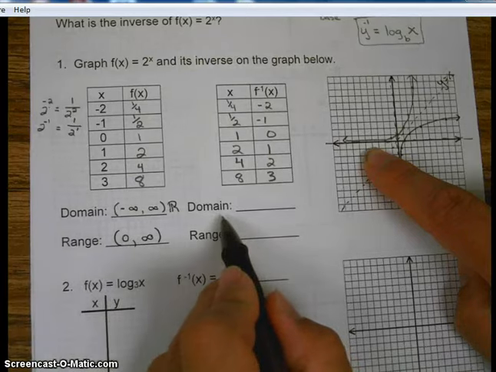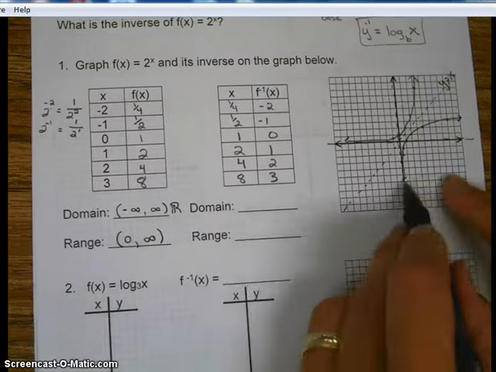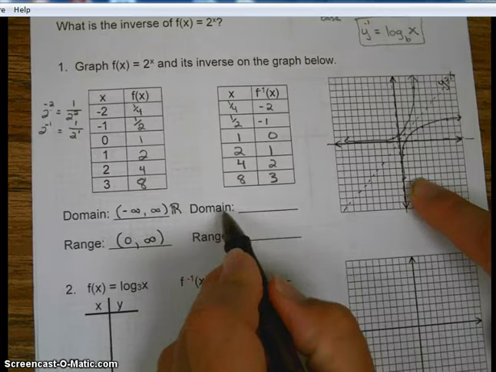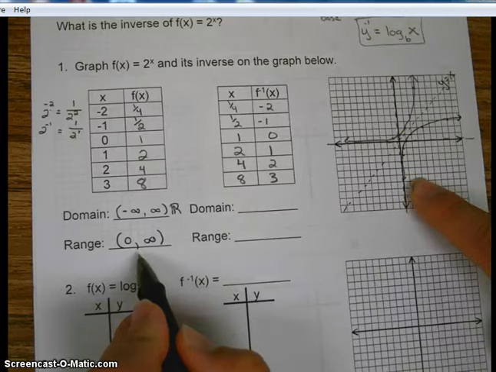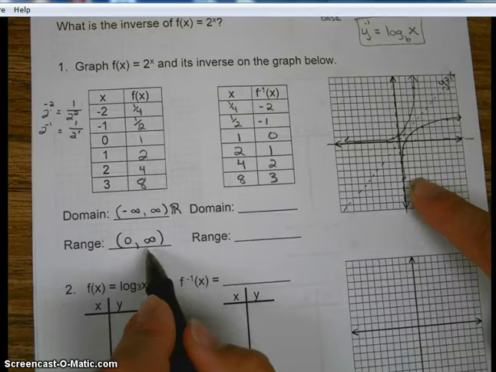Logarithmic domain. Okay, so notice going to the left, we're hitting a vertical asymptote. So the domain for the inverse is just going to be the range of the exponential. So the domain of the logarithmic is the range of the exponential. They're inverses, remember?